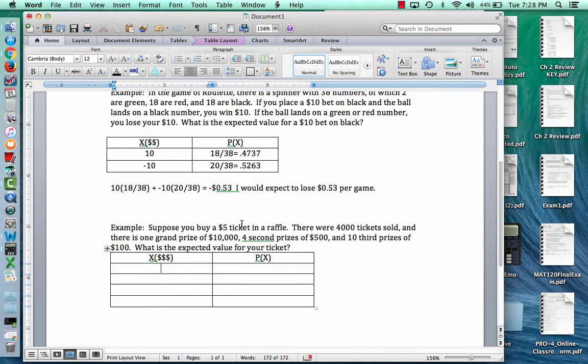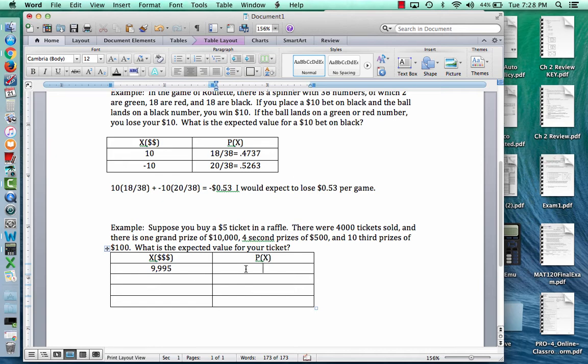So if you win $10,000, let's say they pick your one ticket and you win the $10,000. They'll give you $10,000, but you already paid $5, so your actual winnings would be 9,995, 10,000 minus 5.